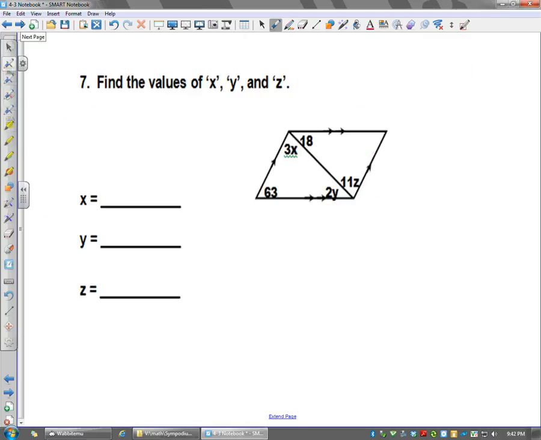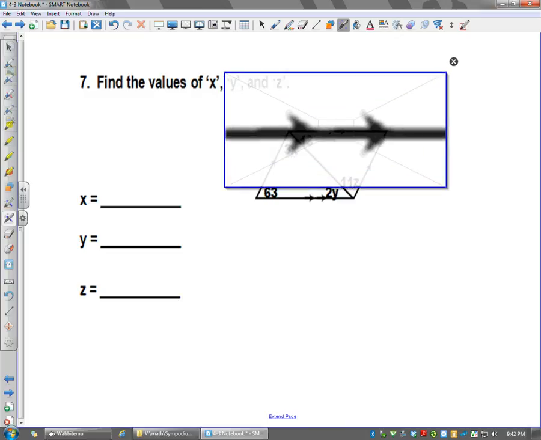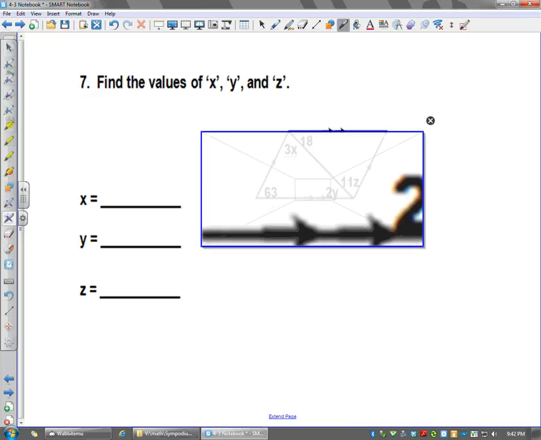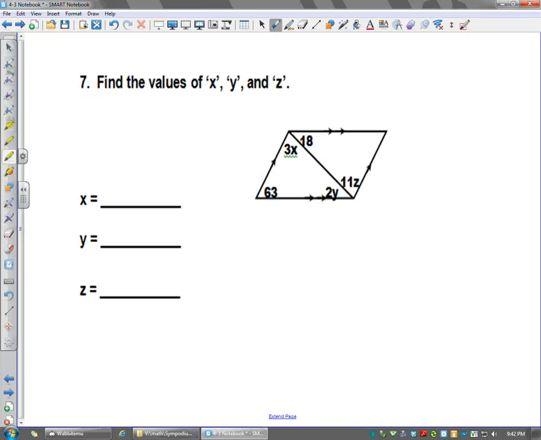All right, find the values of x, y, and z. The first thing I want you to notice is this. We've talked about this before, but I want to remind you. This line has 2 arrows, and that line has 2 arrows. What that means is that this line segment is parallel to that line segment.